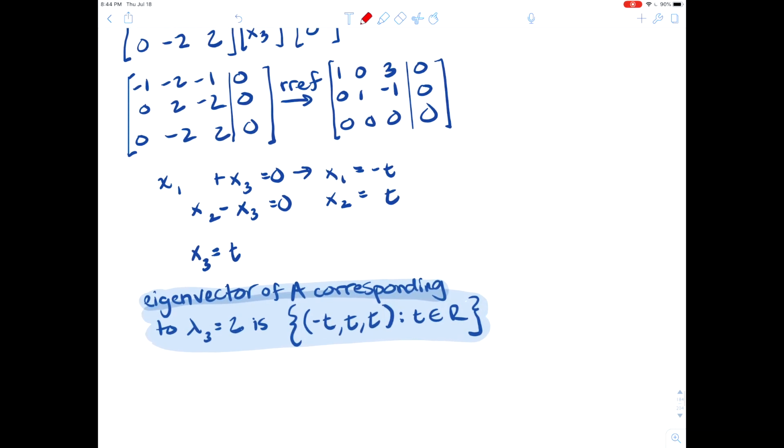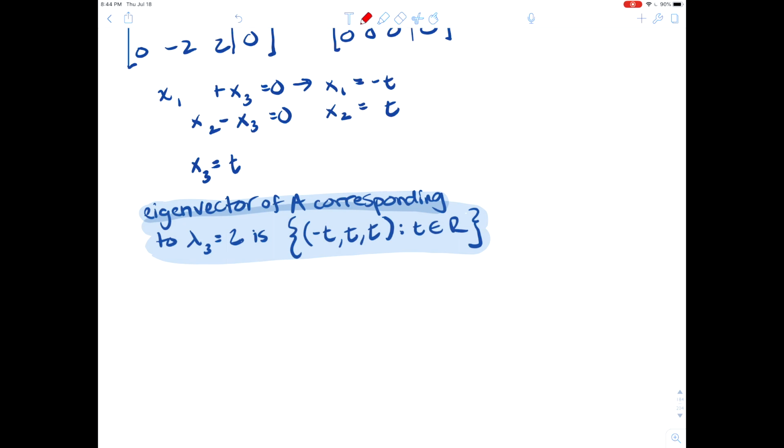But when I said eigenvector right here, I should have said eigenspace, or I should have excluded t being able to be 0, because eigenvectors are non-zero. Cool, cool? So let's just go ahead and find a basis for each of those eigenspaces.